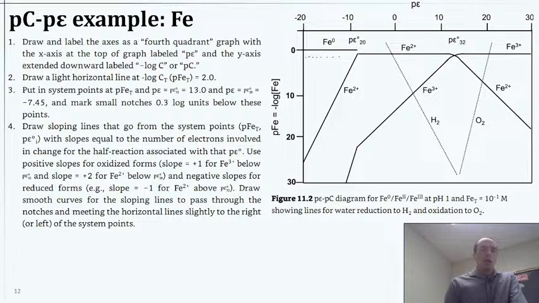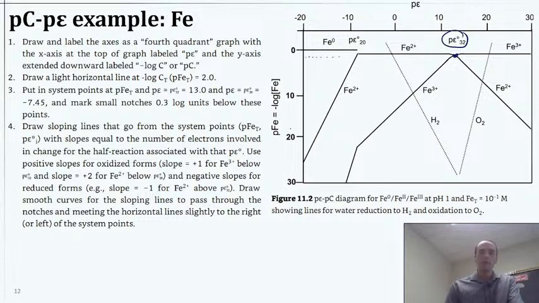Then we're going to put in system points with that equal to PE, and PE equal to this standard PE at 13. So let's go up to 13 and we find this guy here. Okay, the 3,2 there, that's not 32, that's 3,2.